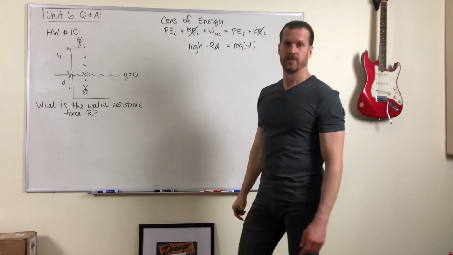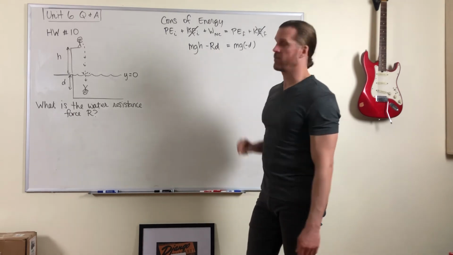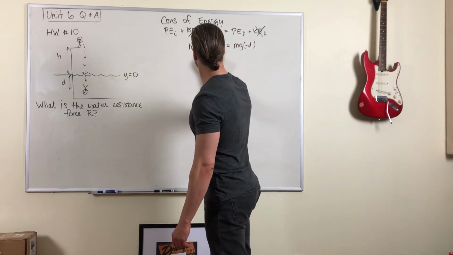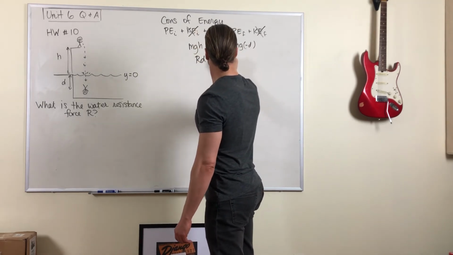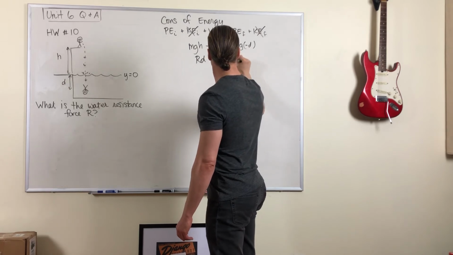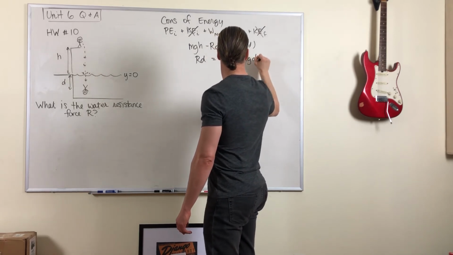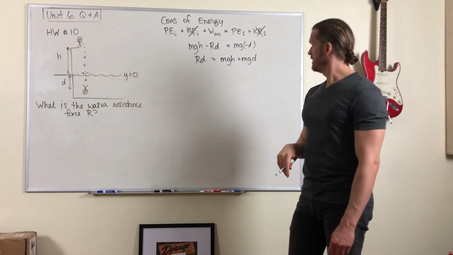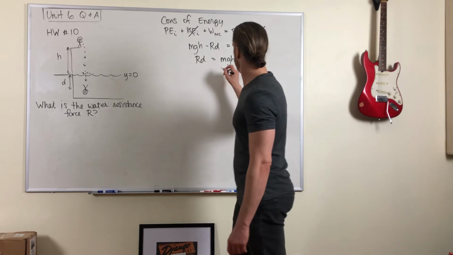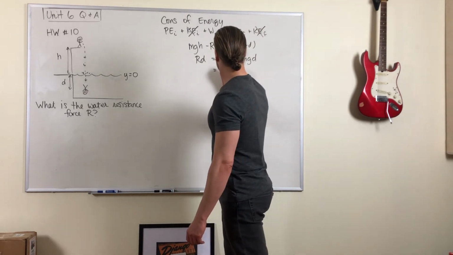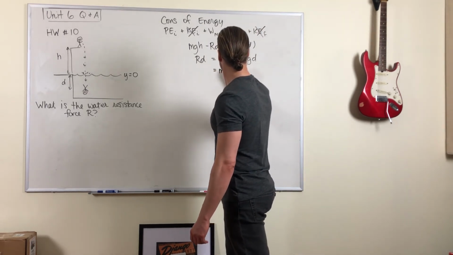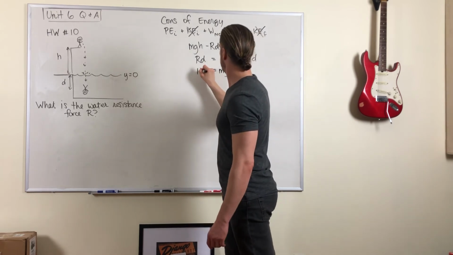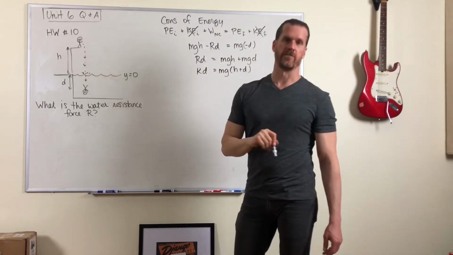And we do a tiny bit of algebra and we can solve for R. We move things around and can distribute this mg and lastly divide both sides by d.